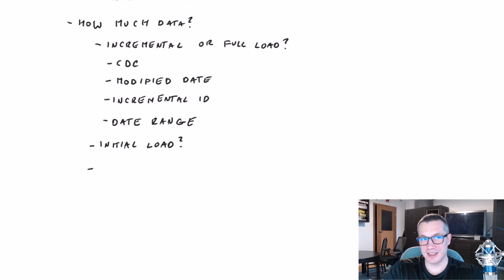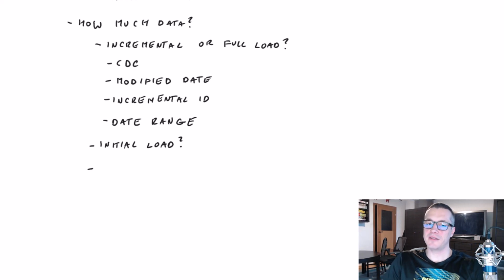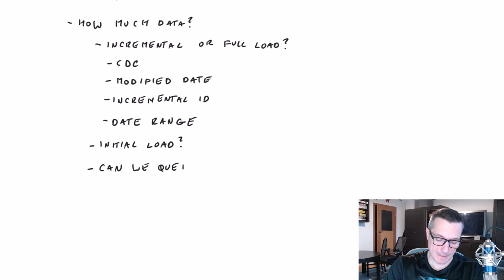Then the next important thing is, alright, but if there is, let's say, this modified date field available, or this incremental ID, can we use it? Can we query the source?